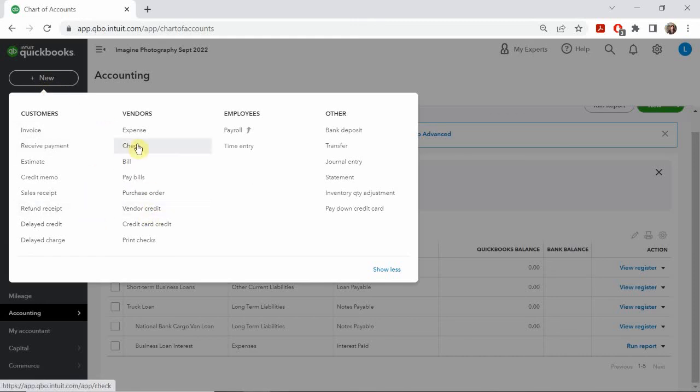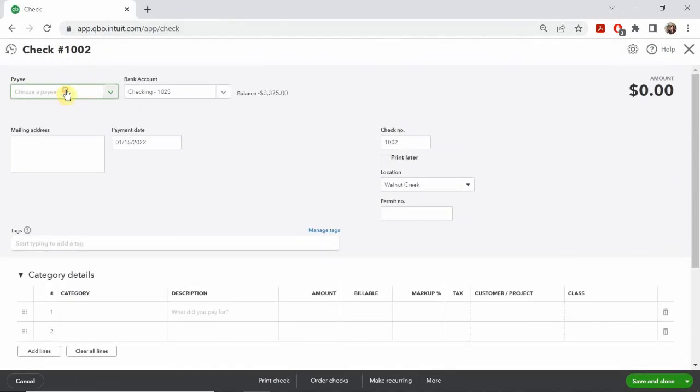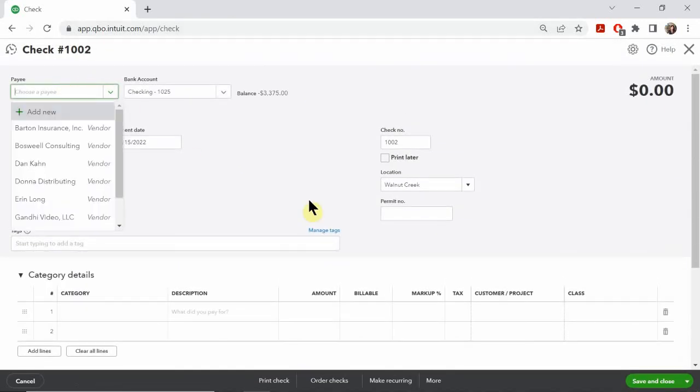So once again, I'm going to use the write a checks feature. This is where we get to quick add our vendor, because we are making a random purchase from a random place. We're going to purchase this from Weathers Auto.